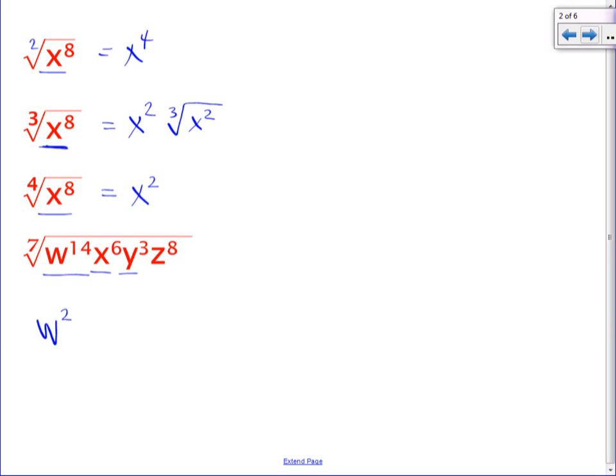Groups of size 7? 1. Okay, now let's talk about what is left underneath here. Are there any W's? No. There's all of these X's and Y's though, because we didn't take any of them out. So we got X6, Y3, and then how many Z's are left over? Just 1. Questions on the review stuff?